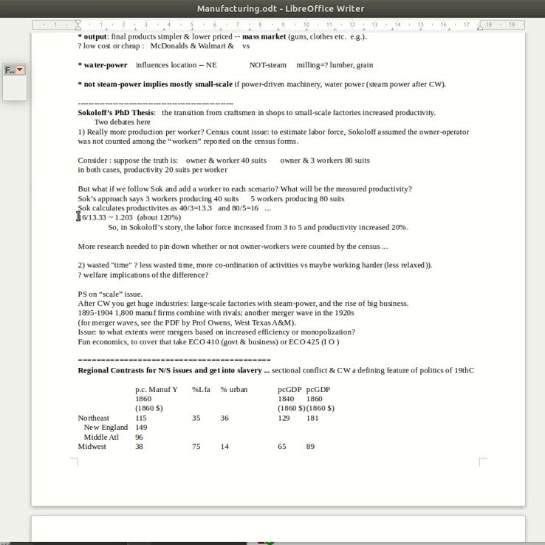Okay, so we get the punchline that in Sokoloff's story, the labor force increased from 3 to 5 and productivity increased by 20% as a result. On the other hand, the critics say, no, Sokoloff, you're making that up. That's silly. There's no reason to believe that the census didn't count the owners who were workers, the people who were hiring in help into their little factories.